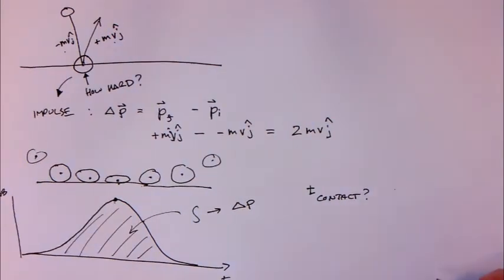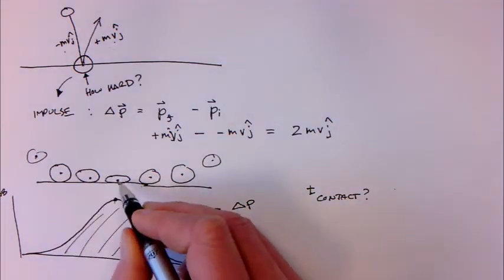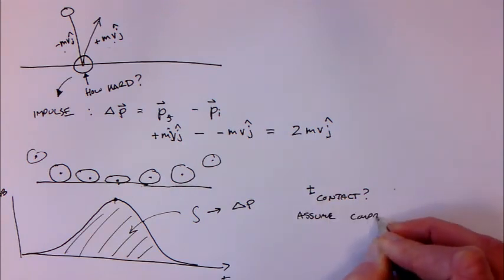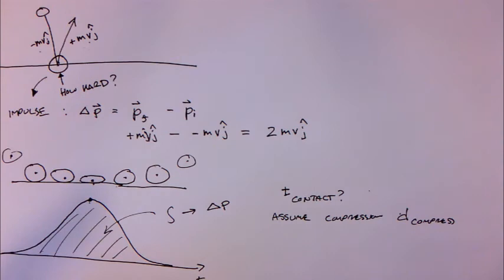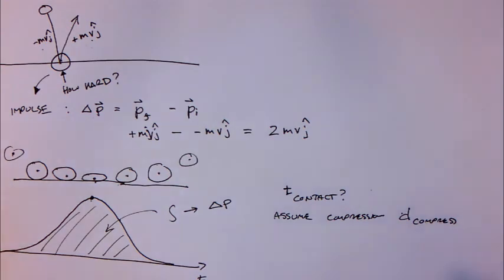Well, you could make a reasonable estimate of that by saying, if the ball compresses by some distance, then maybe for a really bouncy ball that's one ball radius, so the ball actually compresses from being round to being sort of half of round. Maybe if it's a really hard ball, the compression would be 1/10 of a radius or 1/100th of a radius.